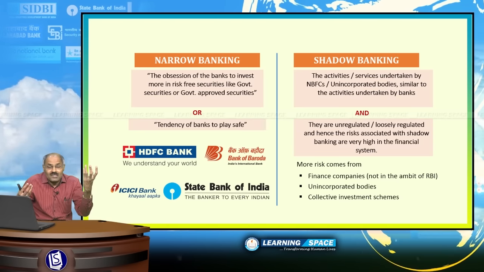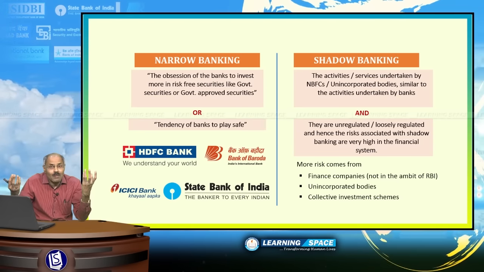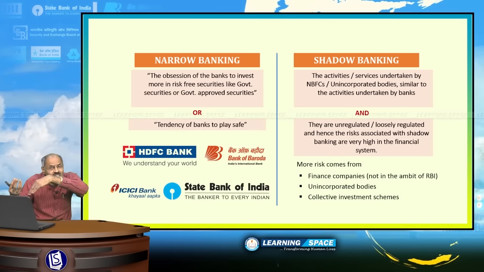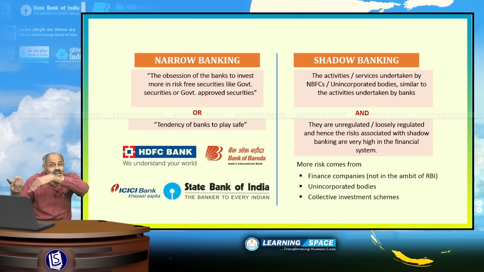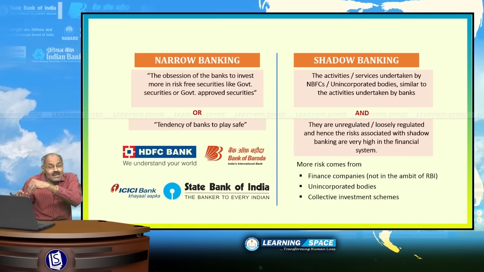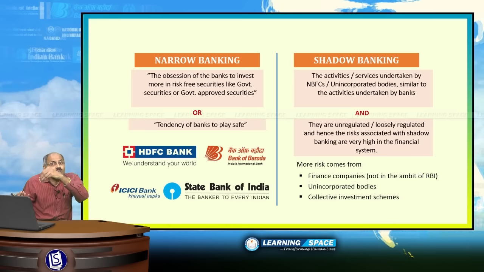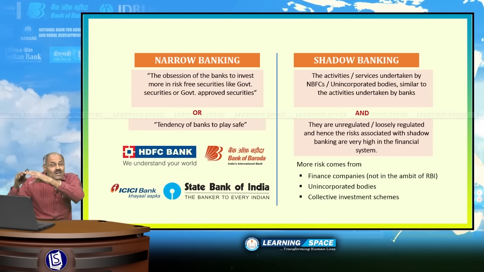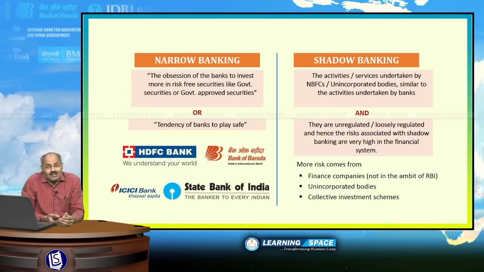But several non-banking financial companies are poorly regulated and the propensity for failure is more. That's why shadow banking is least regulated, and sometimes consumers will be at risk because of this shadow banking, right?